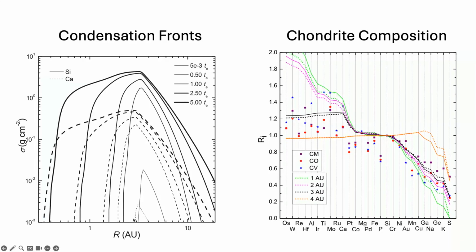And you can see that you start in a given region, and then you have this front as that material condenses and the disk evolves, where the solid material forms from. And then right now we're comparing it to some subset of the chondrite families. We're expanding our analysis to other asteroid families or other meteorite families.